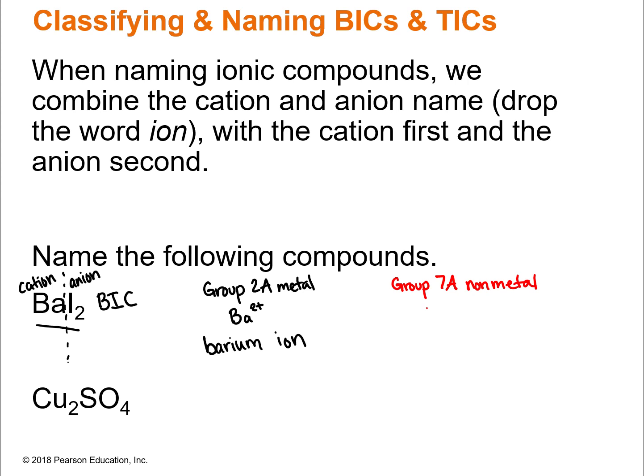To figure out the charge, I take that 7, subtract 8, and I get a -1 charge. So that's my ion. That's what it looks like.